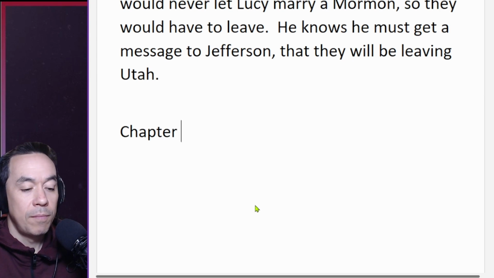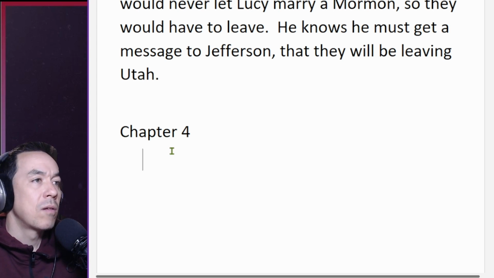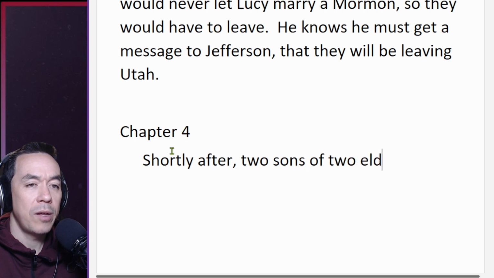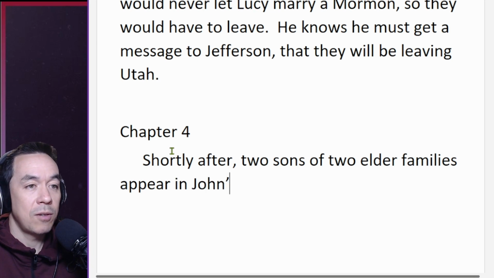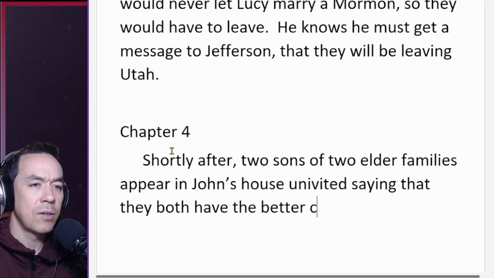And chapter 4, probably the last one of this summary here. Shortly after, I'm not sure, but soon after, 2 sons of 2 elder families appear in John's house, uninvited, saying that they both have the better claim on Lucy.